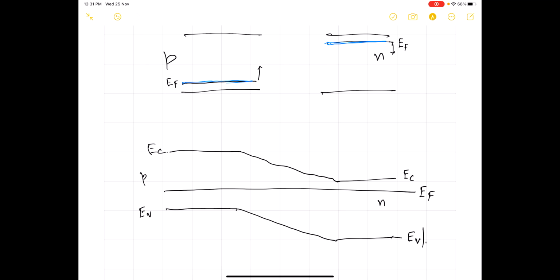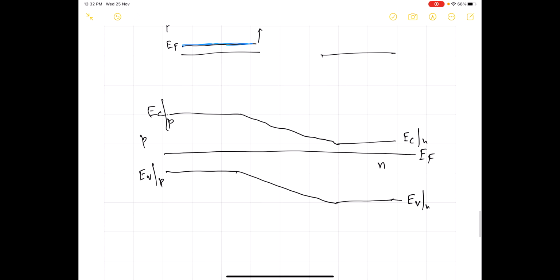Let's say this is the n side, whereas this is the p side. Now what will be the potential? This is EI, the intrinsic Fermi level.